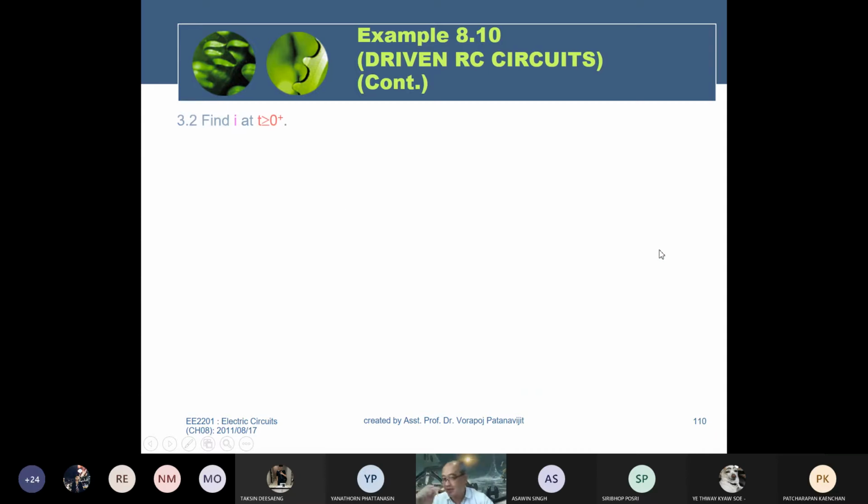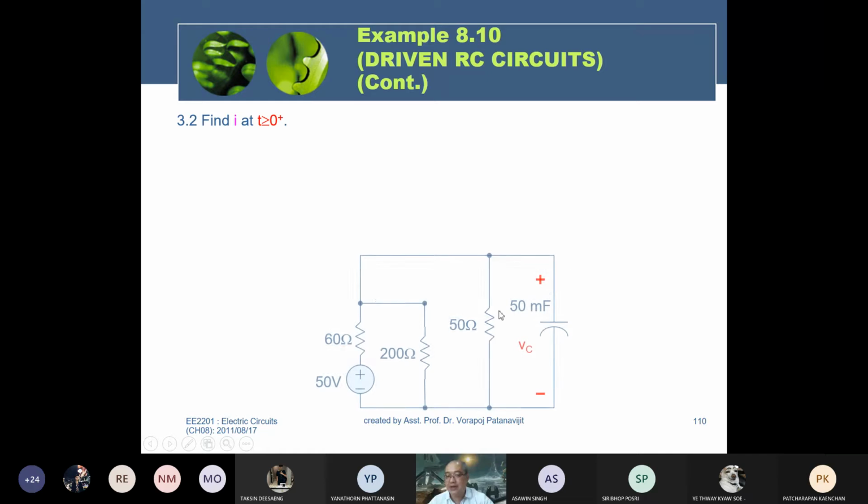But for time greater than 0 is a little bit more complicated. For time greater than 0, derive everything in terms of VC. Remember that, in terms of VC. You kill this source first.